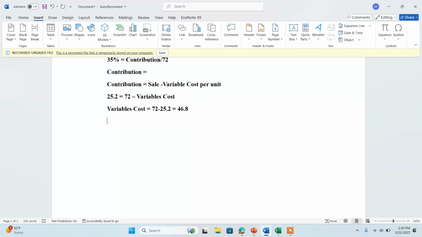So the break even point, put the value into the break even point formula: fixed cost divided by contribution per unit, which in this case is 25.2. The formula for contribution is sales minus variable cost.